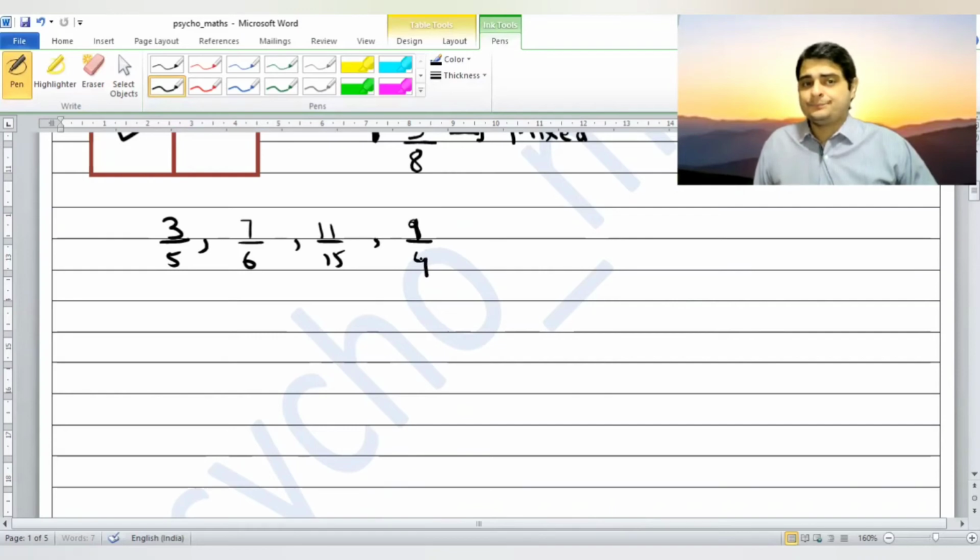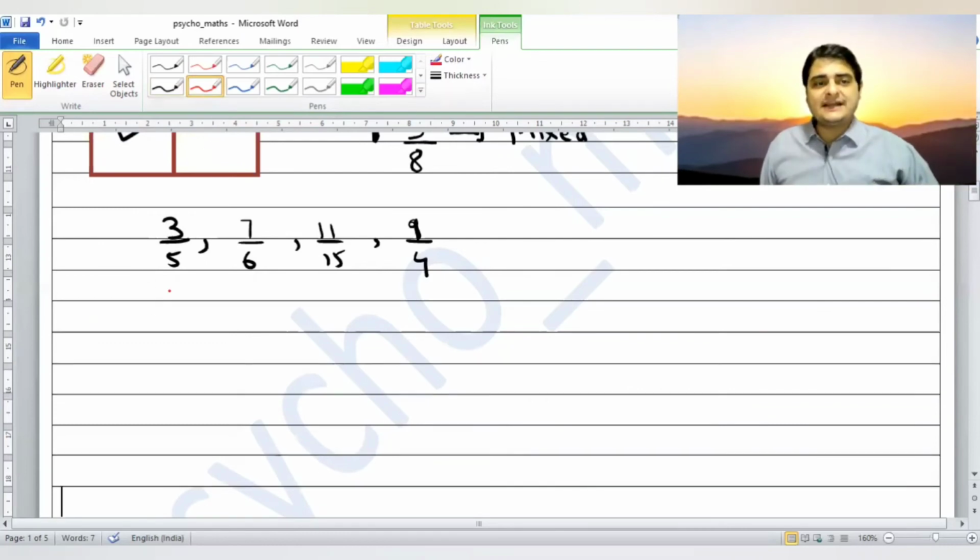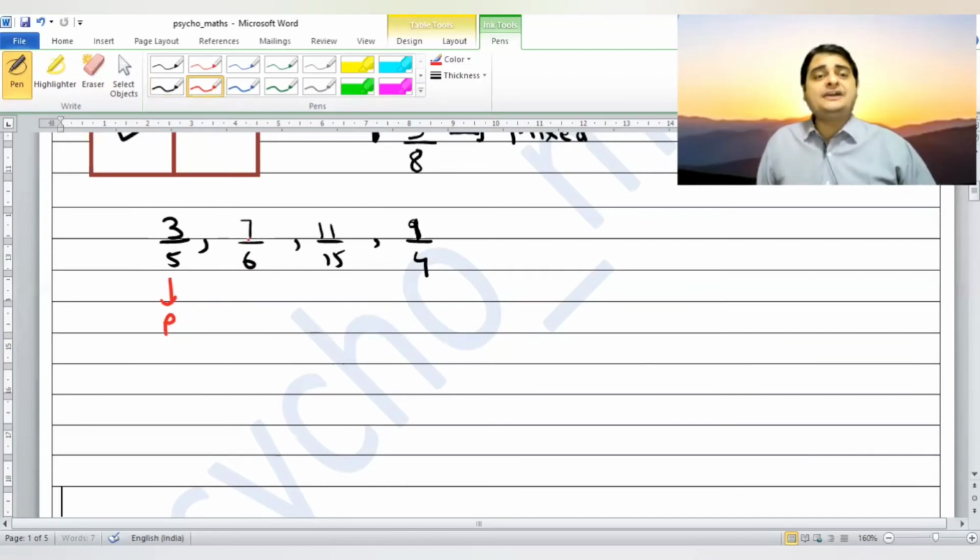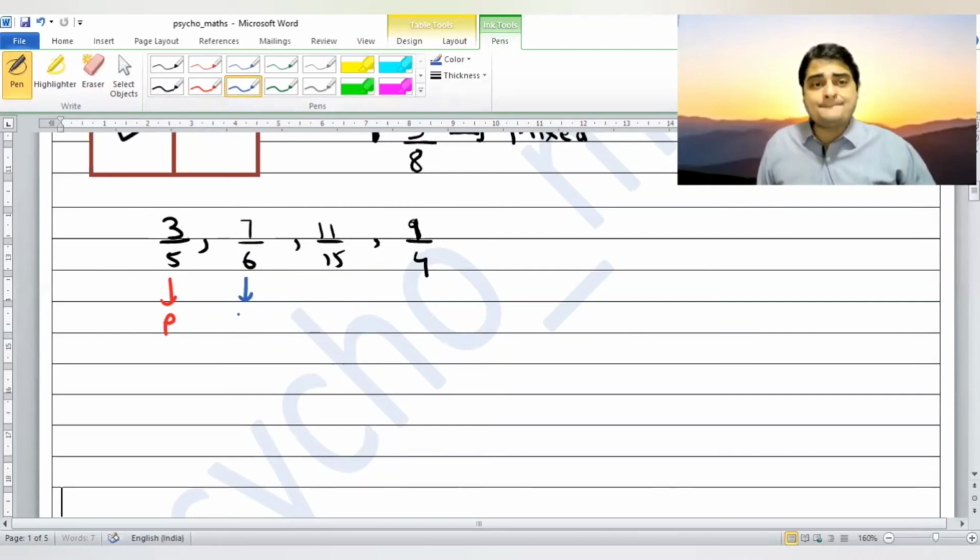4. So check, out of this you have 5 pieces, you have to share 3 pieces. Fine, this is proper. You have 6 pieces and you have to share 7. This is improper.